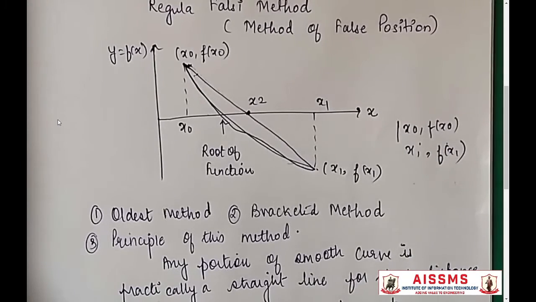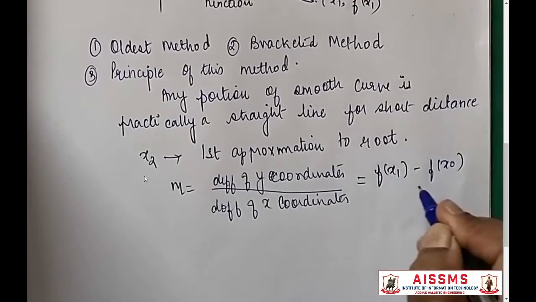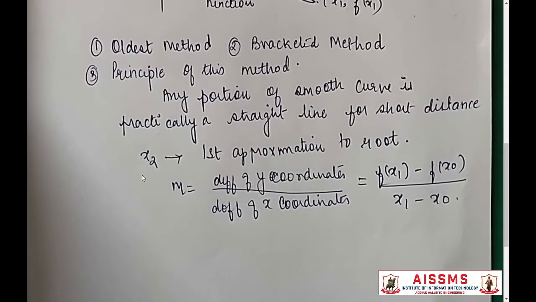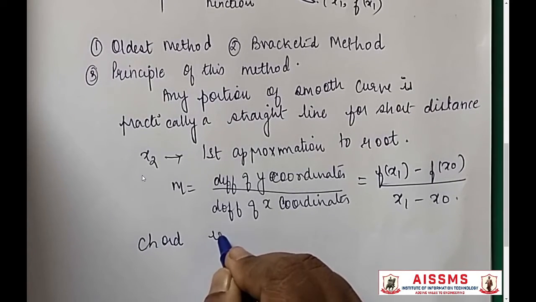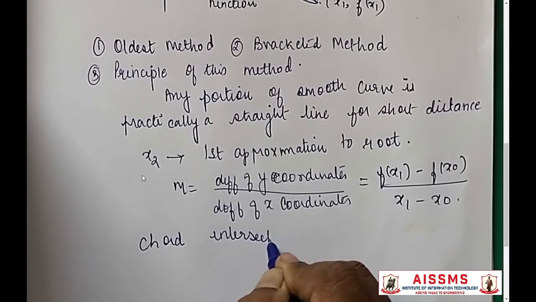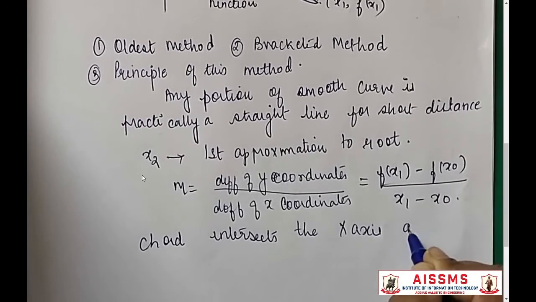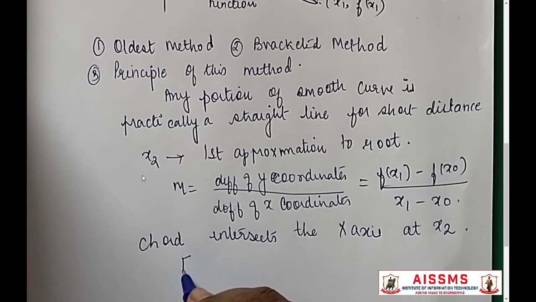We get the slope as f of x1 minus f of x0 upon x1 minus x0, right? Now this chord intersects the x-axis at x2.